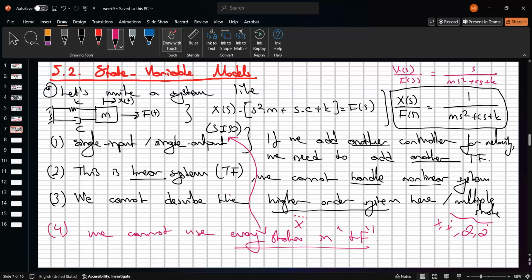We have four problems for this case. If we have only the transfer function in the system, we cannot model the nonlinear one. We cannot define the multiple states. We cannot define the higher order system, right? Or we cannot define distinct or separate controllers on one transfer function. These are problems. So how can we solve this problem, Sarah?